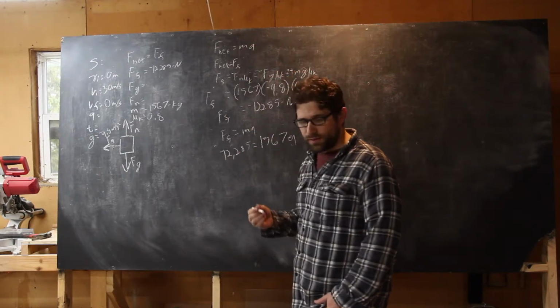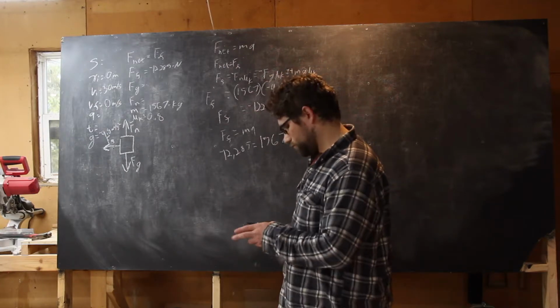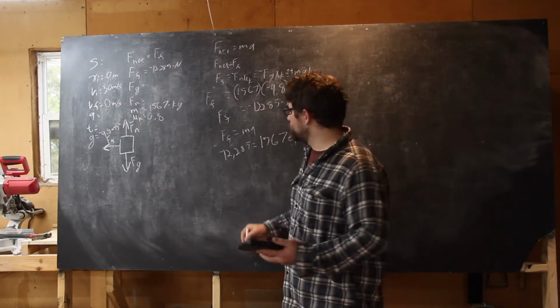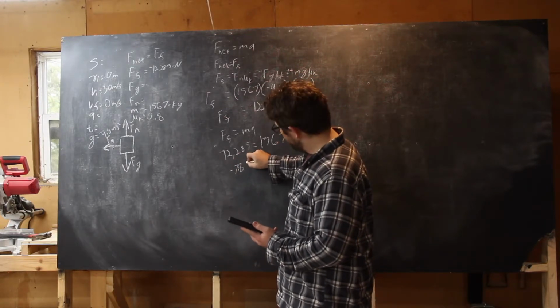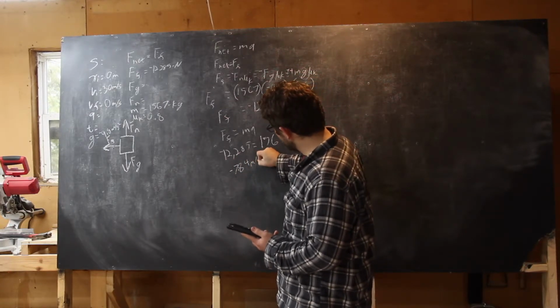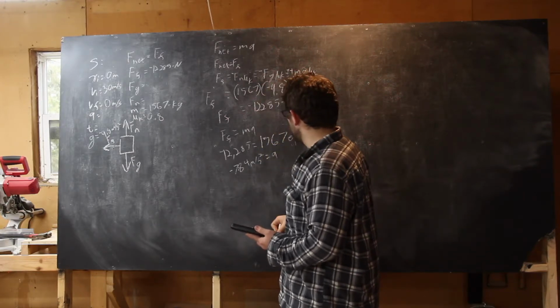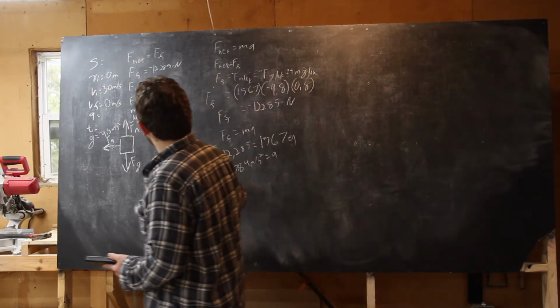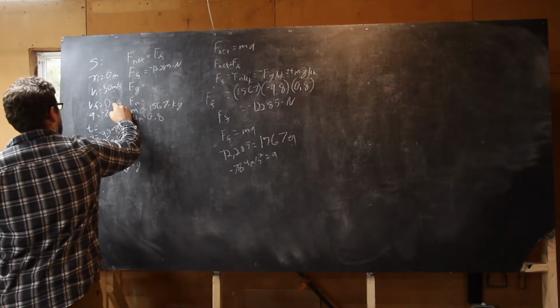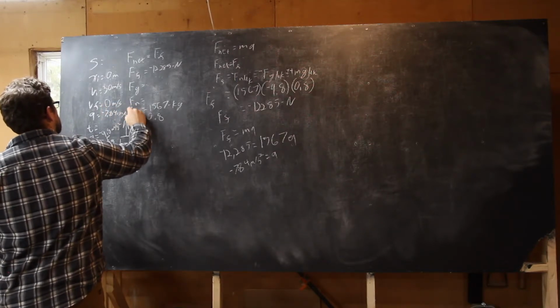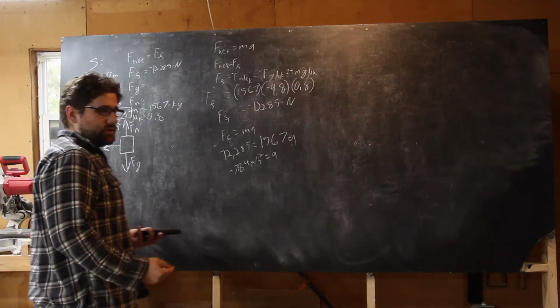Okay, let's go ahead and solve that out. That is going to give us negative 7.84 meters per second squared equals a. Great. Negative 7.84 meters per second squared. And that's the first thing we're being asked for.